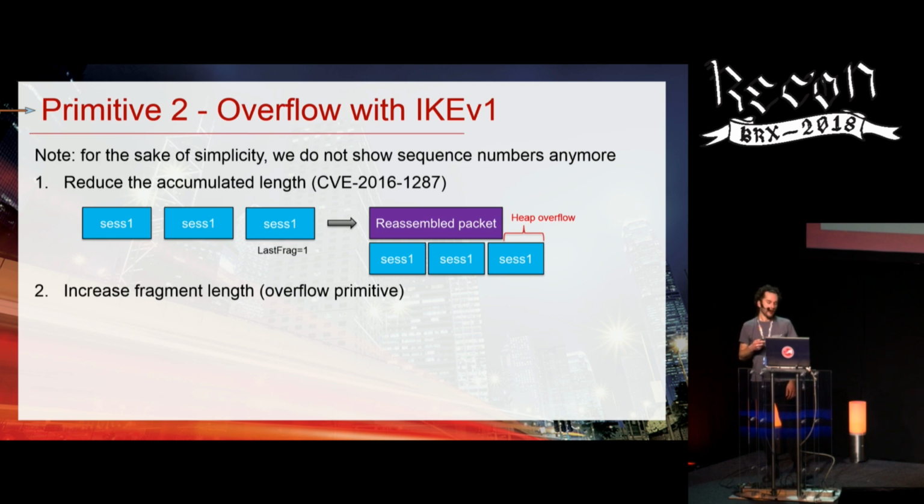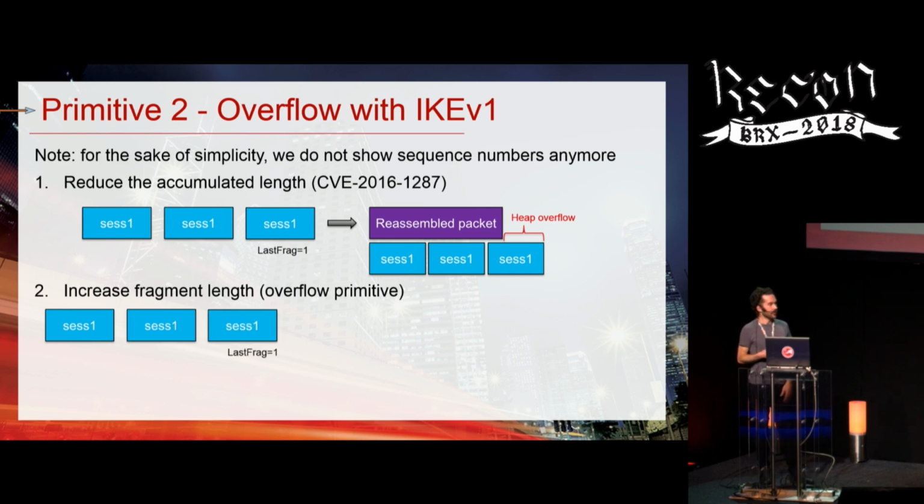But the idea I had was to find a way to increase a fragment length afterwards. I'm going to send fragments of a specific size, and then use the double free to change the length so it's actually larger in memory after it's been received.